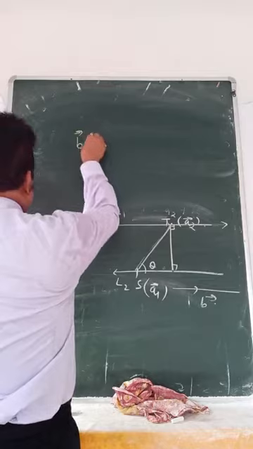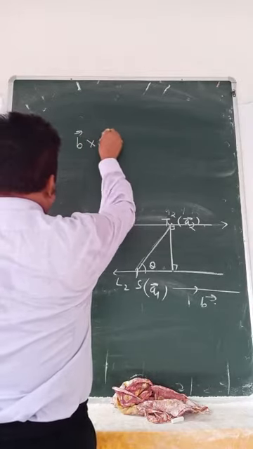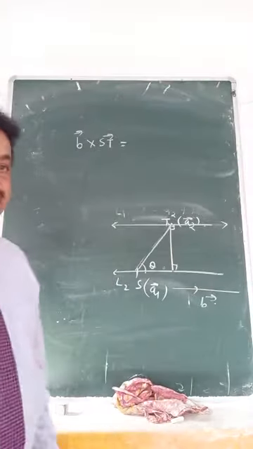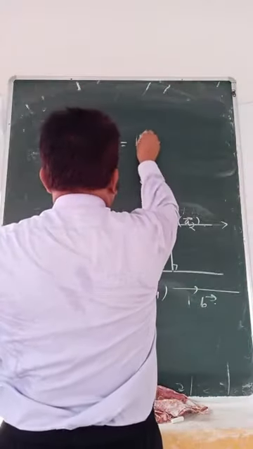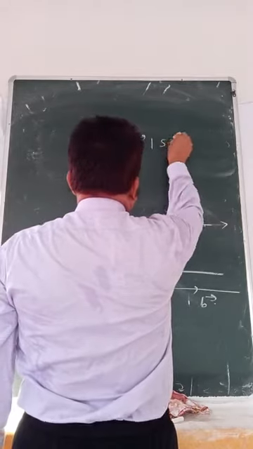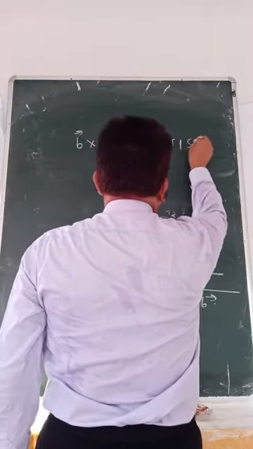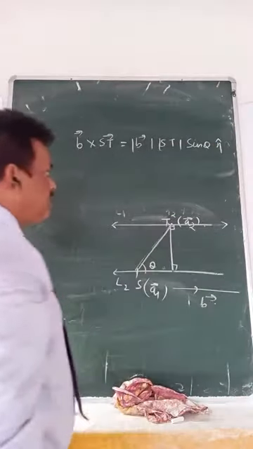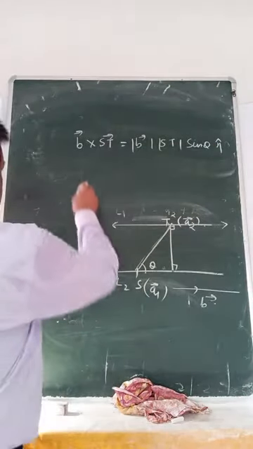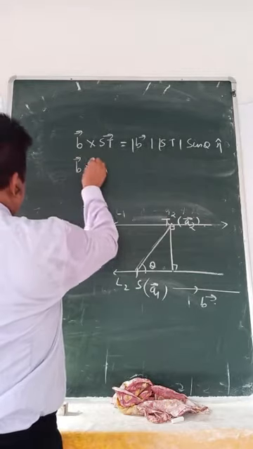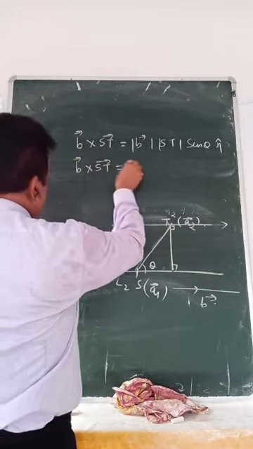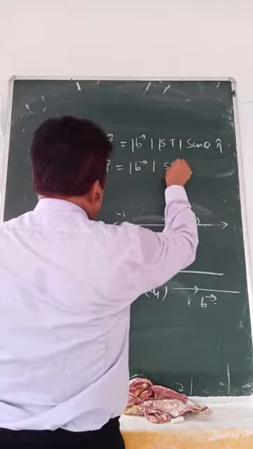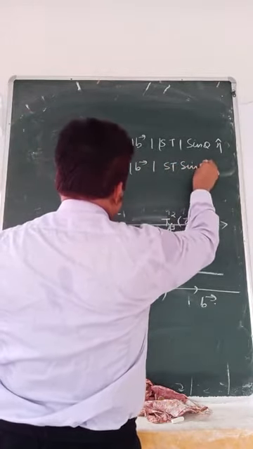B vector cross ST vector, by the cross product definition. So what is that? Mod B, mod ST sin theta and a unit vector, where theta is the angle between them. So B cross ST equals mod B, ST sin theta.